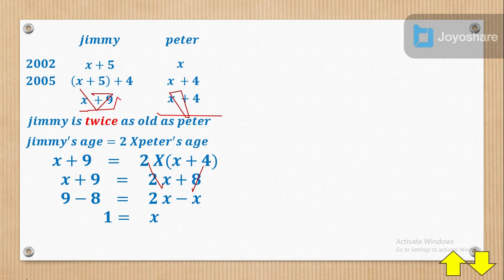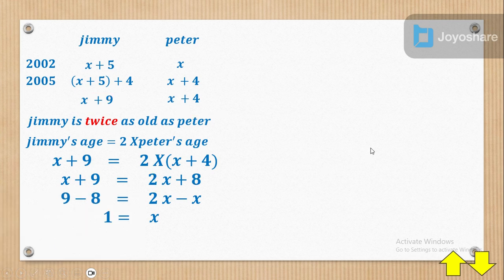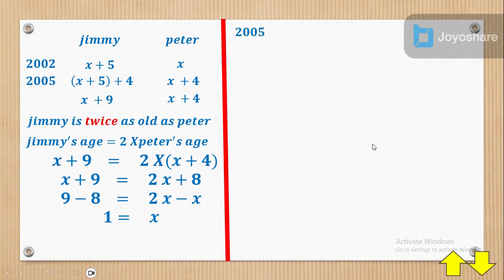So x is equal to 1. Therefore, if x is equal to 1, then what must we see? Now if x is equal to 1, let's go and see in 2005. Remember our present year here is 2005, after 4 years. So from Jimmy's part, which is x plus 9, but x is 1, that will be 1 plus 9, and that will finally give us 10 years for Jimmy.